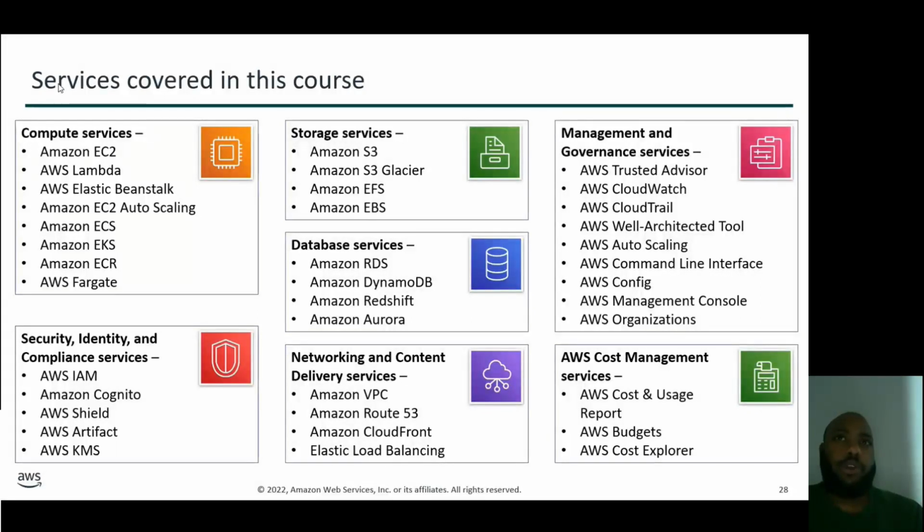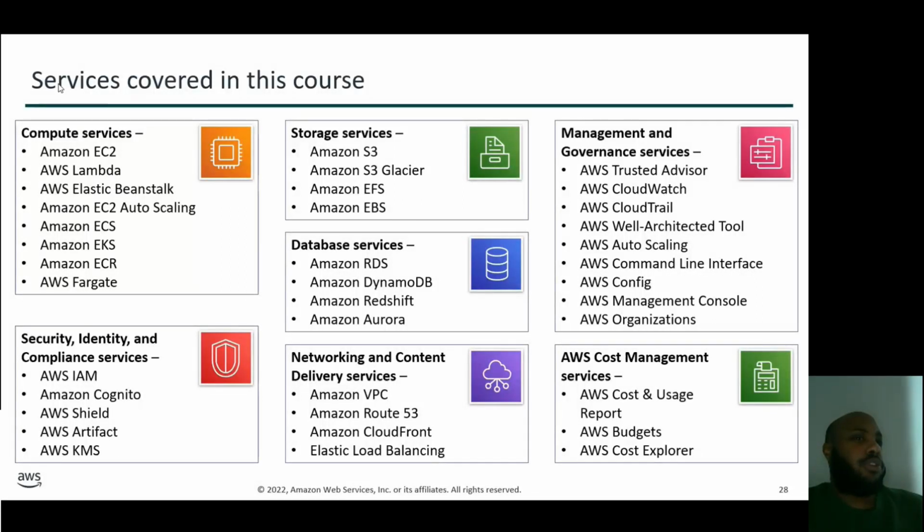Like we said, there are more than 235 services on AWS. We're not looking at all of them, but we're going to look at some of them. I cannot even say half, because half would be more than 100.